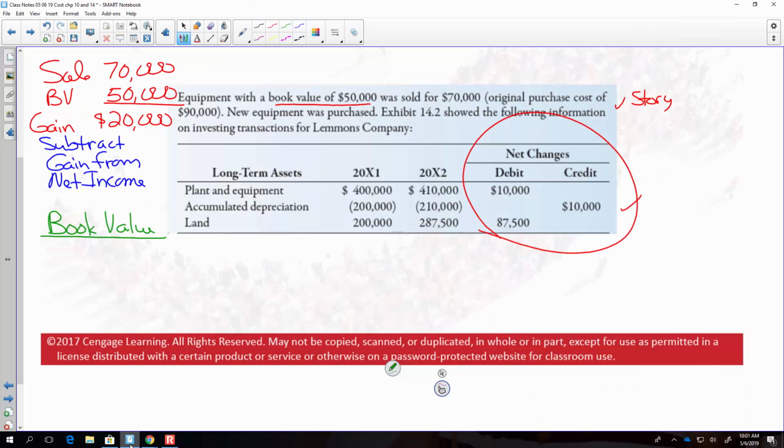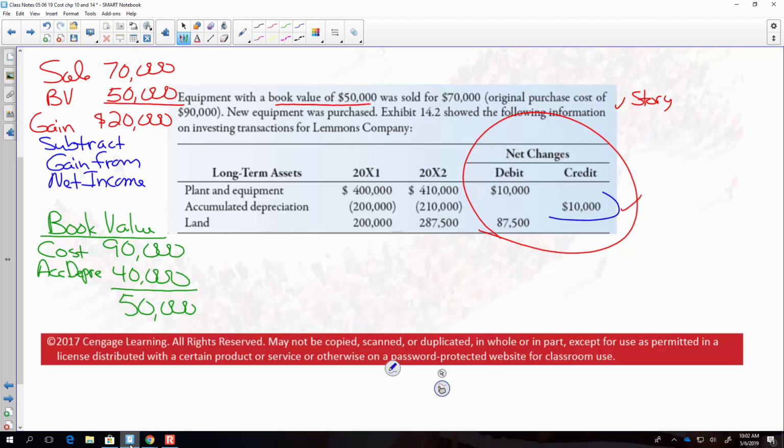So my cost was given what? The 90. We know that the book value was 50. So my accumulated depreciation must be what? The 40. Excellent. Accumulated was 40.